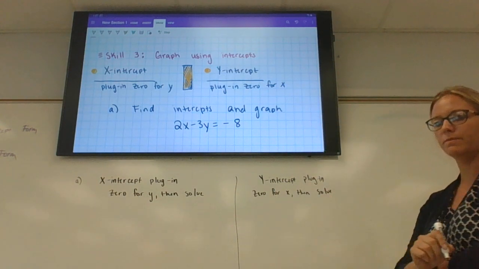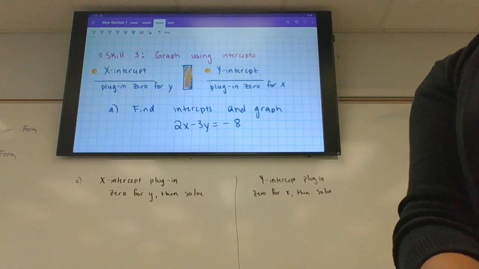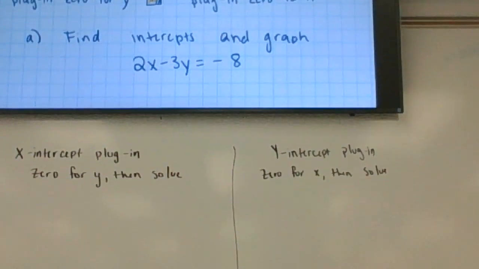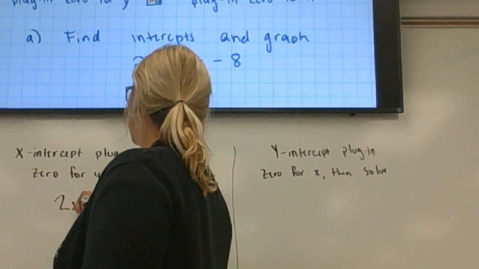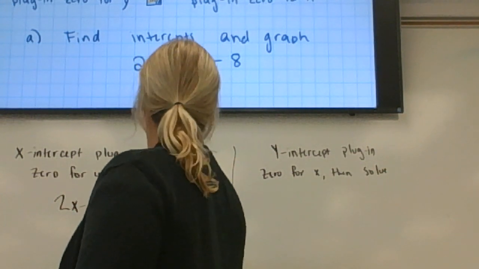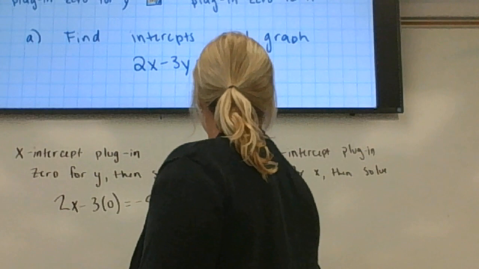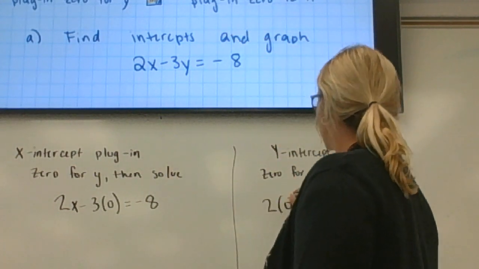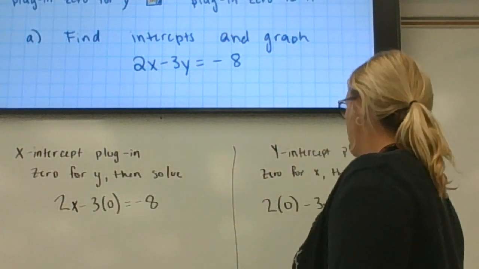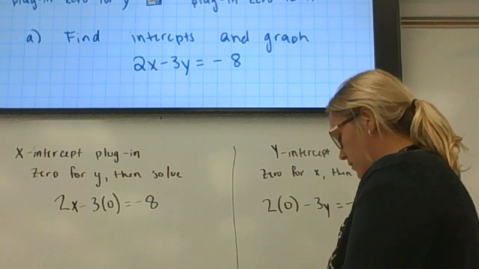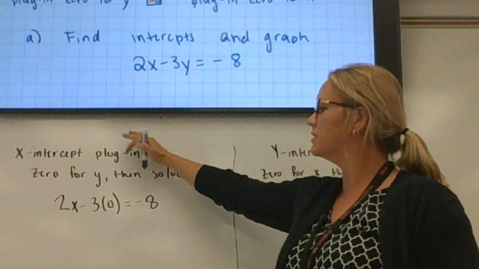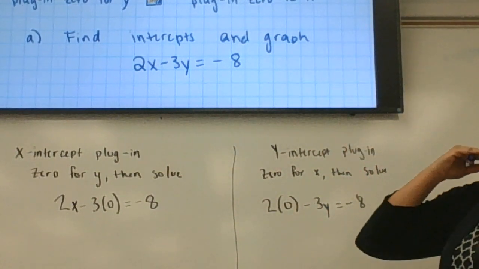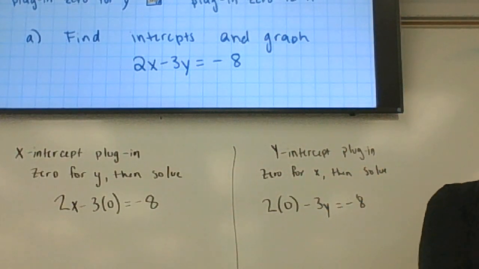So it's a two-part problem. Given this equation, I'll put a 0 here, solve it out. Do it again, but I'll put the 0 here, solve it out.